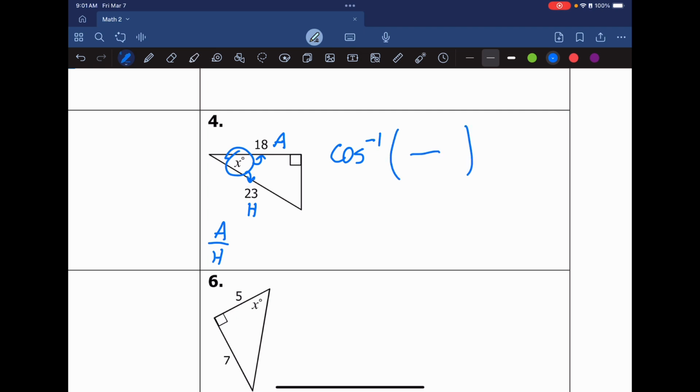Well, that's going to be the adjacent side, 18, over the hypotenuse of 23. So inverse cosine of 18 over 23 is going to be about 38.5. All right, so we got two more.